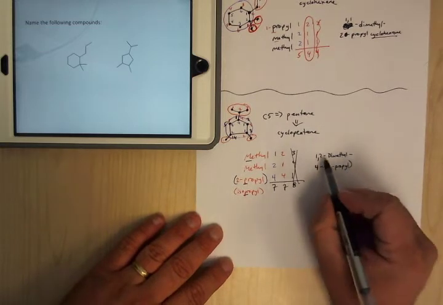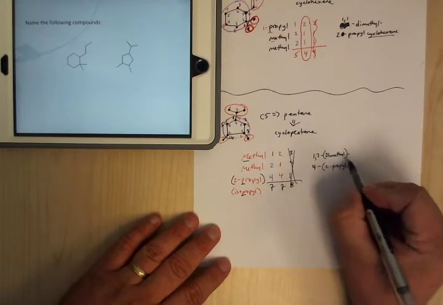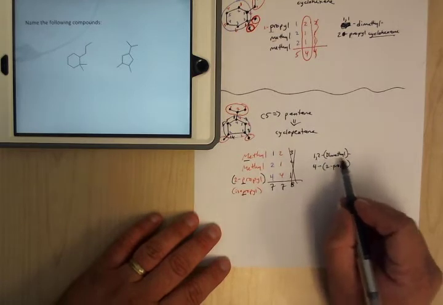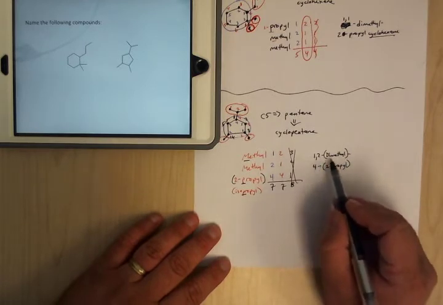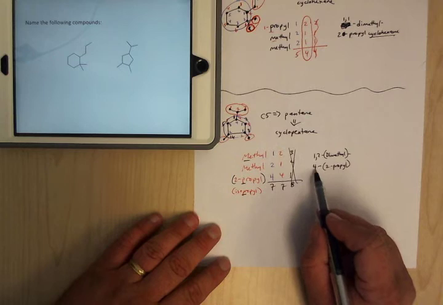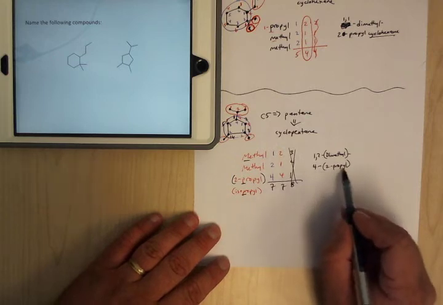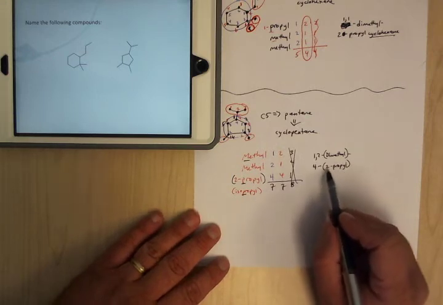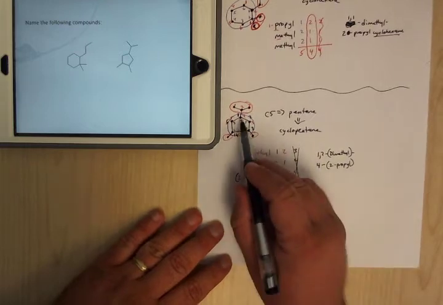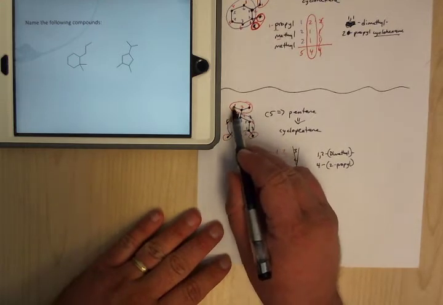You could also put, I like parentheses, 1,2-dimethyl, so this is where it's attached and this is what's attached to it. So at carbon 4 we have a 2 propyl group attached.